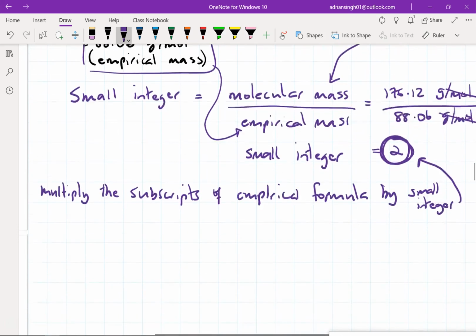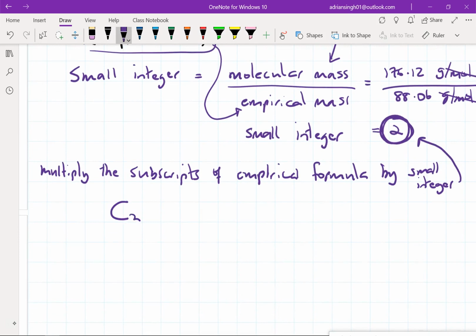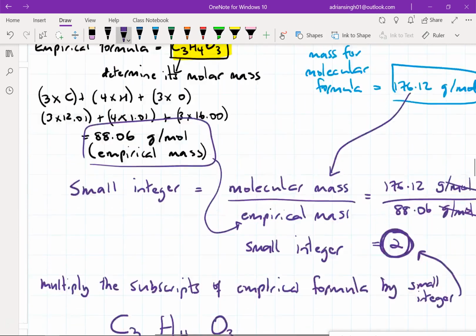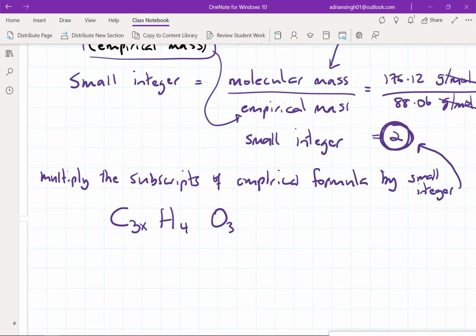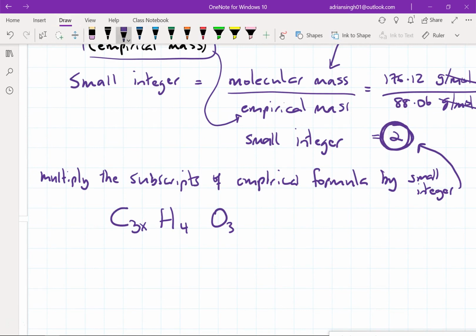So we have C3H4O3, and we multiply those subscripts by 2: 3 times 2, 4 times 2, 3 times 2.